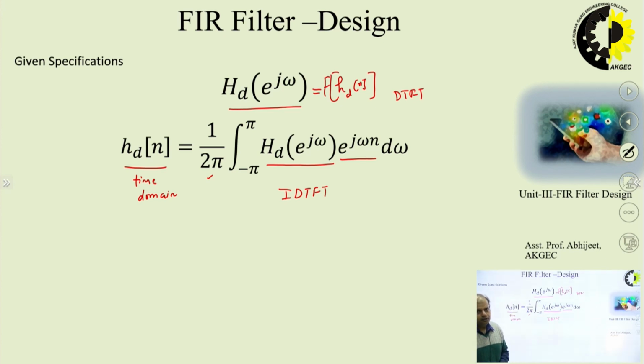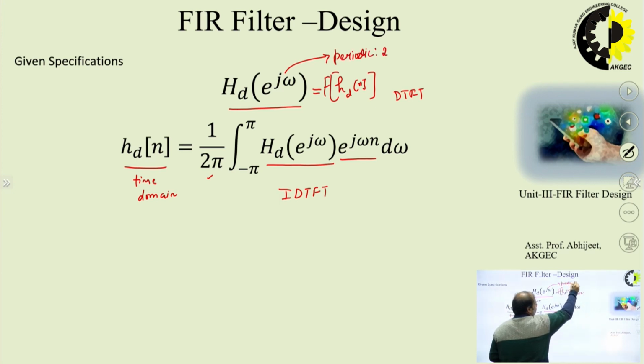The limits of the integration depend on the properties of H_d of e^{j omega}. The frequency response is periodic, and the periodicity is 2 pi. So in an interval of 2 pi, if we evaluate the integral, we will get the same result. It is periodic from 0 to 2 pi, from 2 pi to 4 pi, and so on.